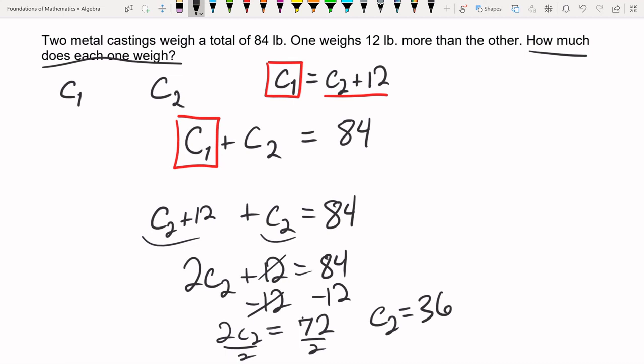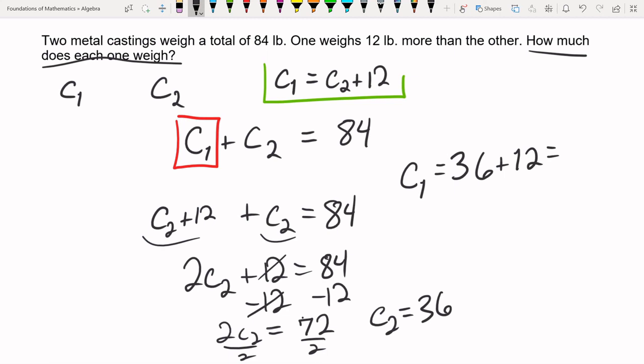If C2 equals 36, then what does C1 equal? Well, we have C1 equals C2 plus 12. And if C2 equals 36, then C1 equals 36 plus 12, which is 48.